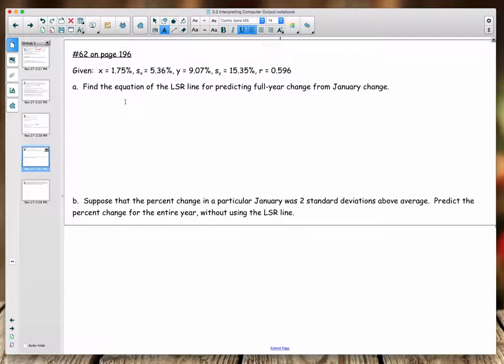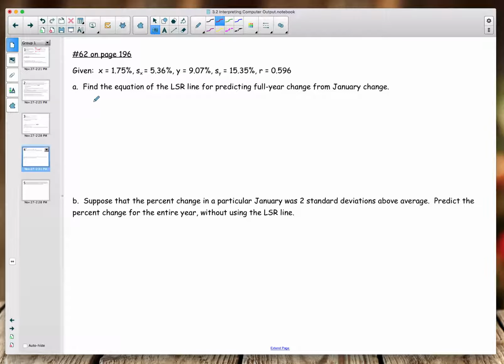The first thing we've got to figure out is what B is. Okay, so if we're going to figure out B, remember that formula is going to be R, which is 0.596, times the standard deviation of y over the standard deviation of x.